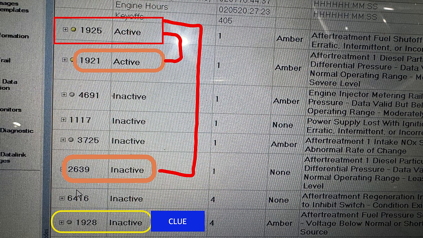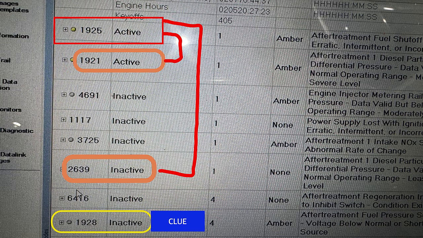Okay, let's move on. Now, you see fault 6416 there towards the bottom. That fault logs active when the driver has the after-treatment regeneration inhibit switch in the inhibit position. So the engine cannot regen even if it wants to.